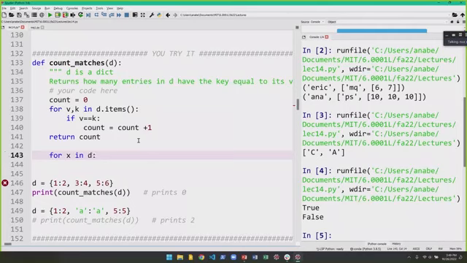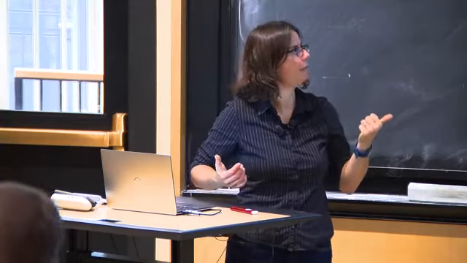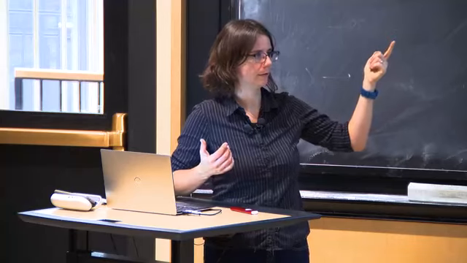Yeah, so we can say for x in d dot keys or something like that, right? Yeah. We can also say for x in d, I think. That might work too, because it'll grab the key for us. But just to be safe, keys. And now we need to grab the value. So how do you grab the value associated with key x?